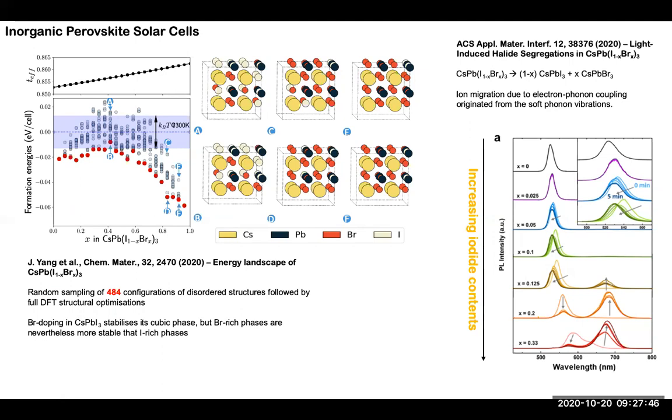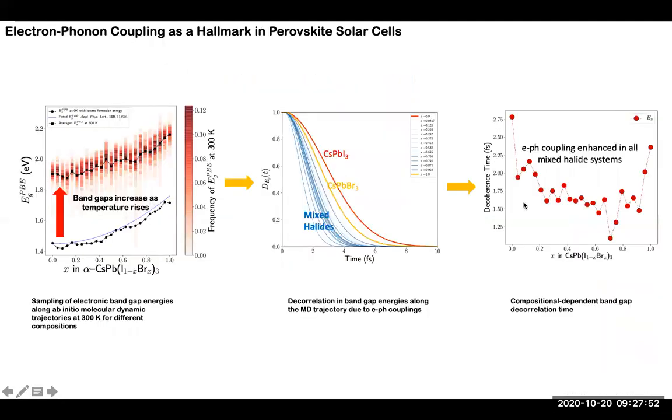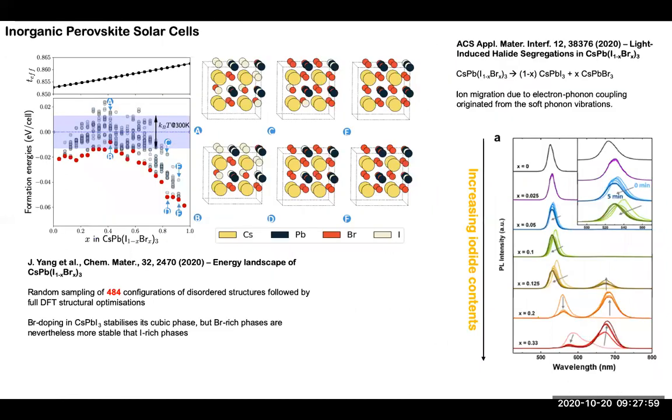However, some people might argue with me because I show that universally when you mix two halides, the electron phonon coupling enhances, but here at low doping concentration, we don't see a phase separation event.